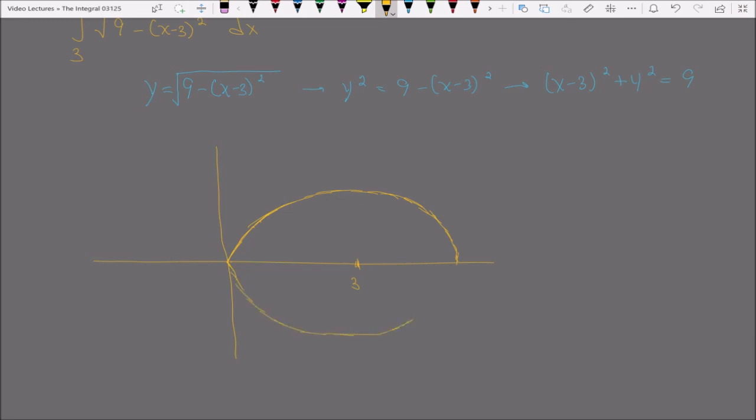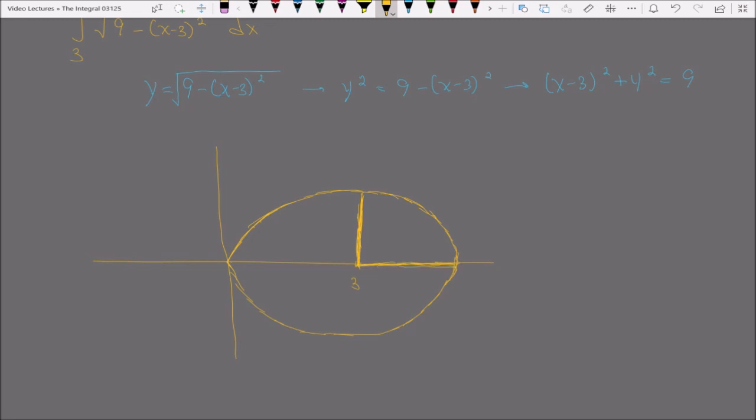I don't know, this is good enough for our circle. 3 to 6 would be this here, and since we're only looking at the positive square root, we want y to be positive.